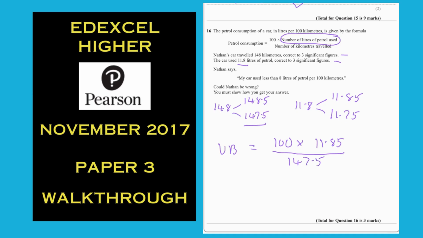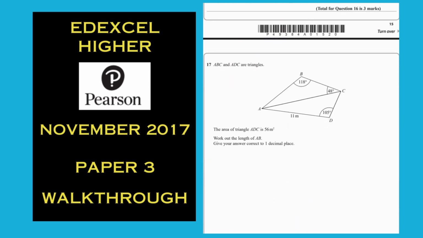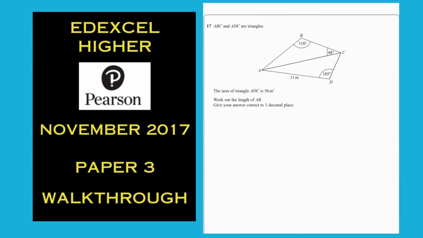Worst means lowest. And if you stick that in your calc, sorry Nathan, we get 8.03 litres. So I'm afraid worst case scenario, if it goes against it, the upper bound, you could be wrong. So finish it off, it says, could Nathan be wrong? Yes, because the upper bound, it is 8.03. On we go.